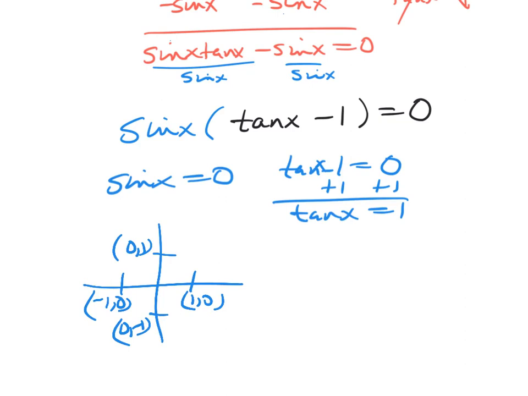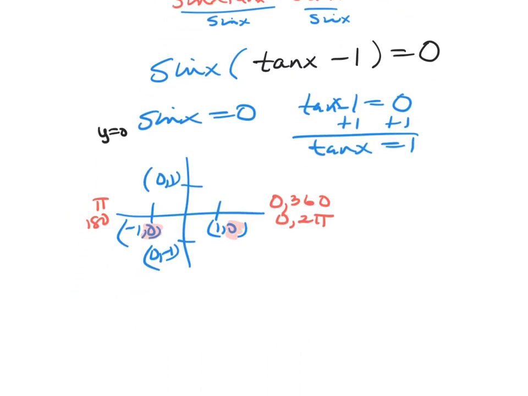Remember, sine is y, so I'm looking to see where y equals 0, and I can see that it's going to occur right here and right here. And recall that those angles are either 0 and 360 or 0 and 2 pi on this side, and then pi and 180. So the answer to this problem is both 0 and 180.